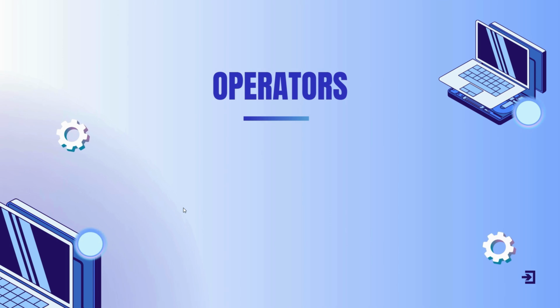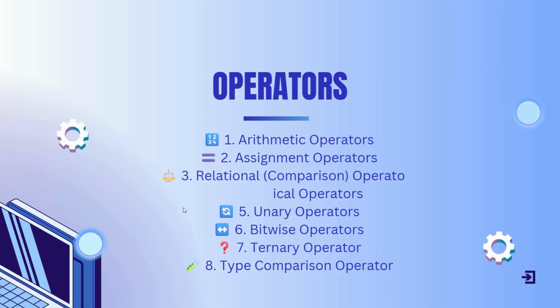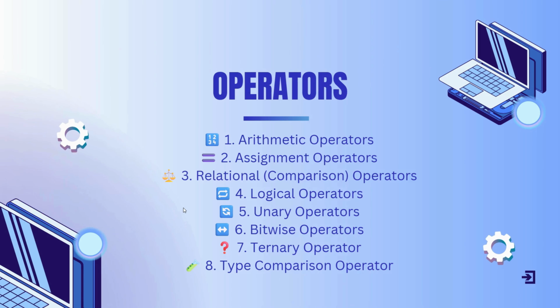Next, operators. These are the 8 operators that we are using in our coding language: arithmetic operators, assignment operators, relational operators, logical operators, unary operators, bitwise operators, ternary operator, and type comparison operator.